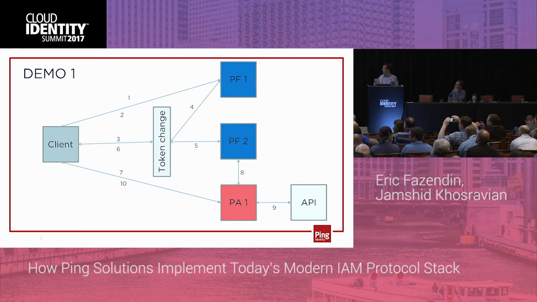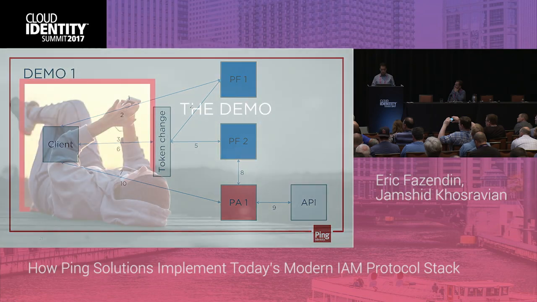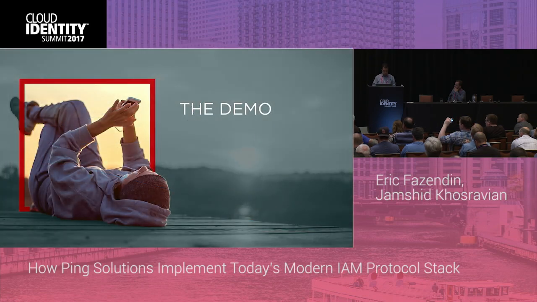The client then makes a request to exchange that access token for another access token using the JWT authorization grant, and then uses that access token to make a call to PingAccess that proxies a request to an API endpoint. With that, okay, it's time for a demo.